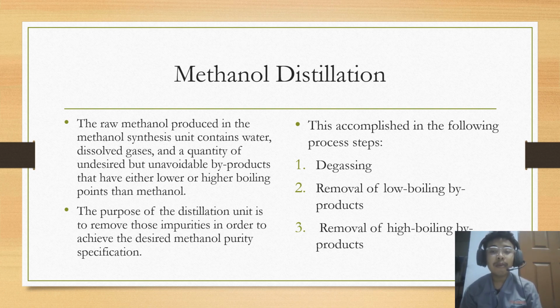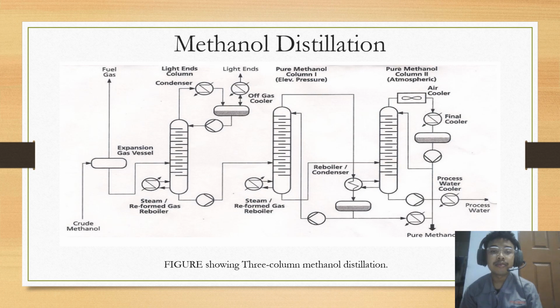This can be accomplished through three steps: degassing, removal of low boiling byproducts, and lastly, removal of high boiling byproducts. This is the figure of the three-column methanol distillation, and these are the diagrams for the methanol distillation, as you can see.